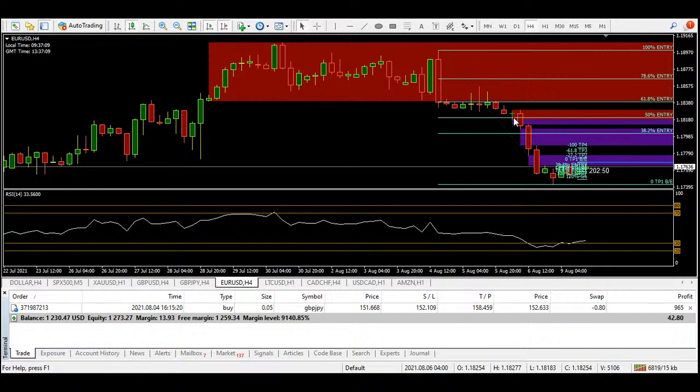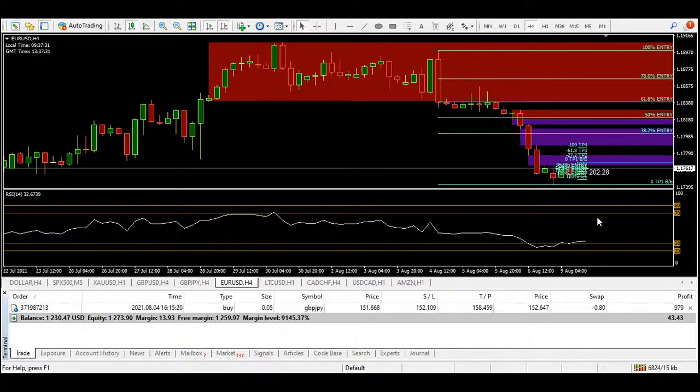Then we also have a supply here starting at our 61.8% entry. However, this supply has been broken and retested and held pretty well and pushed out of. So I really think that we'll get, if anything, a pin or a wick through the 61.8.